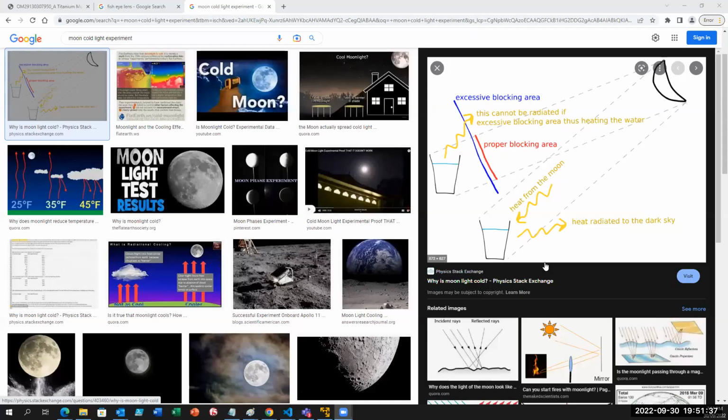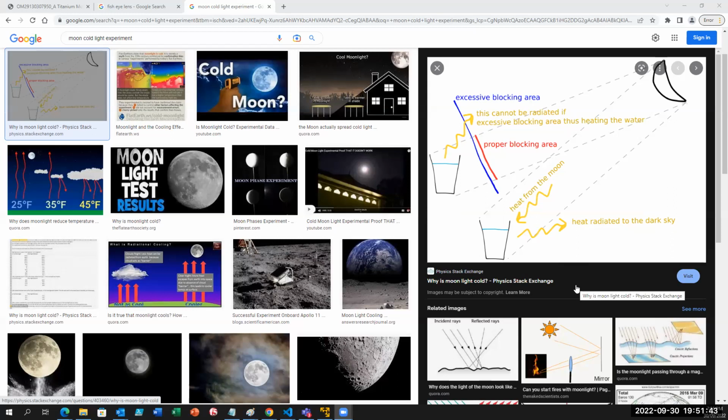Let me share my screen. I'll show you what I'm talking about, because I'm not sure how familiar you are with heat radiation, but it's a simple thing to understand and grasp. Can you see my screen? Not yet.